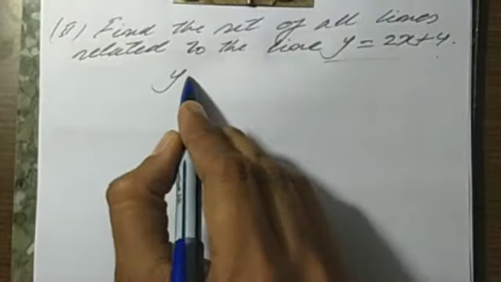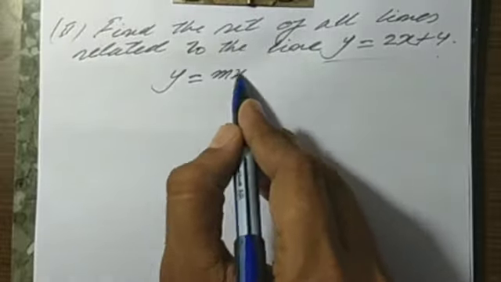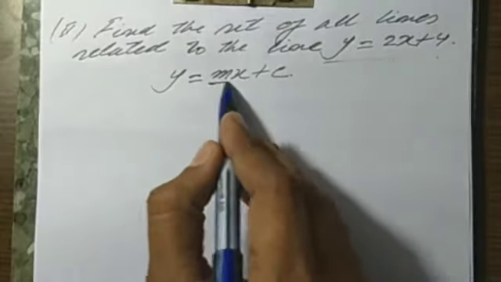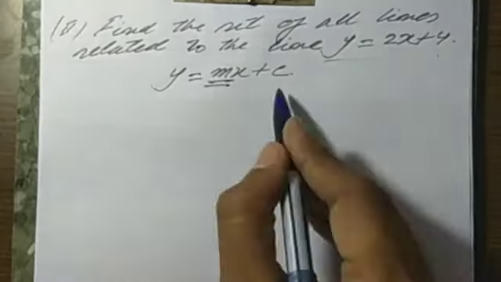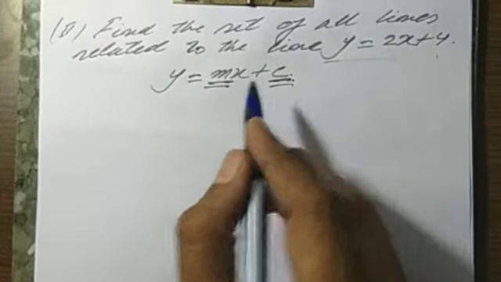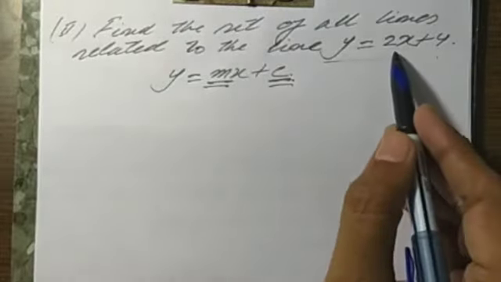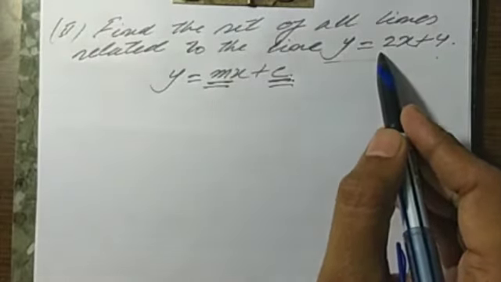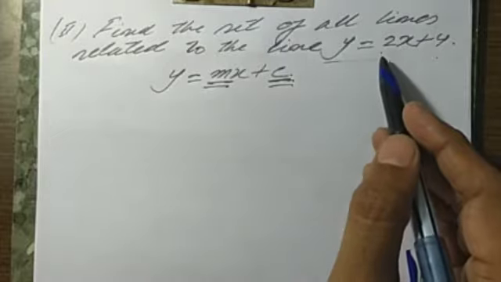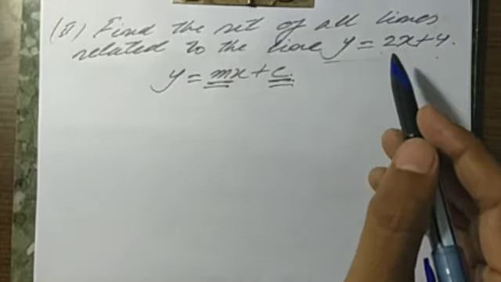As we know, in the form of a straight line y = mx + c, m is the slope of the straight line and c is the y-intercept. Since parallel lines have the same slopes, any straight line parallel to this one must have the same slope, otherwise it may not be parallel to this straight line.